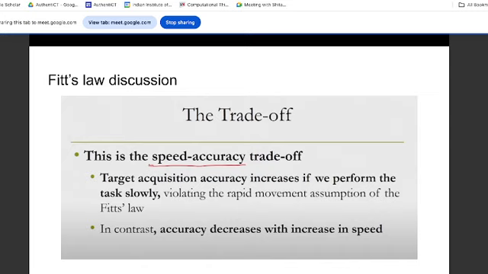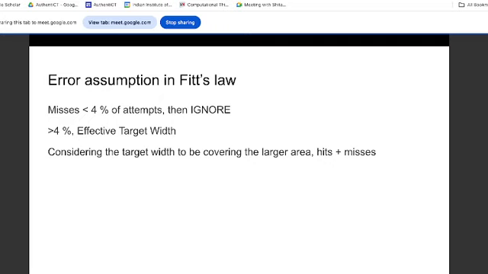However, if it is of the size that the user is usually accustomed to, then it is predictable that the user will perform it correctly because they are acquainted with the size. So that's the trade-off about size also, and we will discuss this more in the next slide.